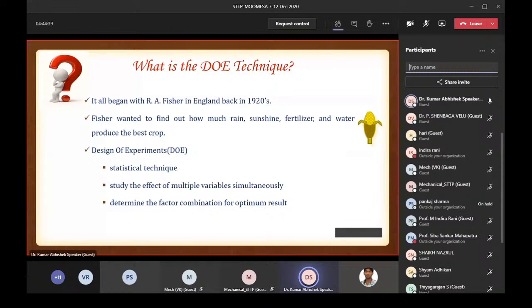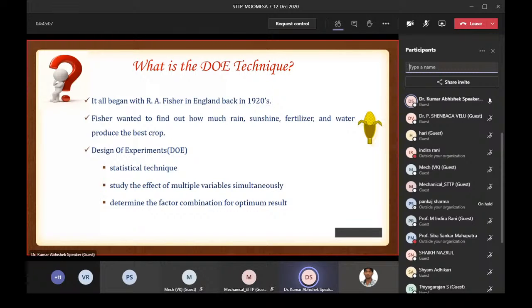In any process, there are multiple factors acting on the process and they are going to affect the output characteristic. As multiple factors act simultaneously, he proposed different statistical techniques in order to determine the effect on the outputs.